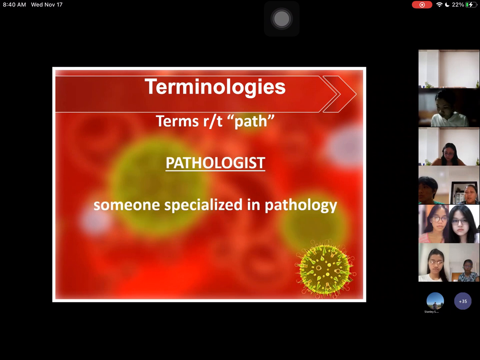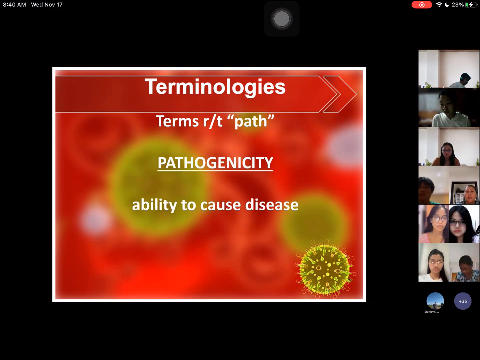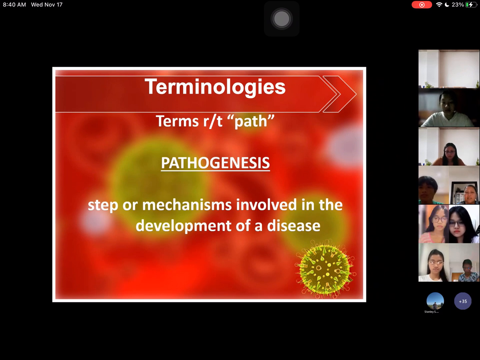And the pathologist is someone specializing in the study of pathology, of course the physicians or doctors who specialize in pathology. Pathogenicity is the ability of the pathogen to cause disease. And pathogenesis is the steps or mechanisms involved in the development of the disease. This is where the disease develops. So what are those ways or manners by which diseases develop?